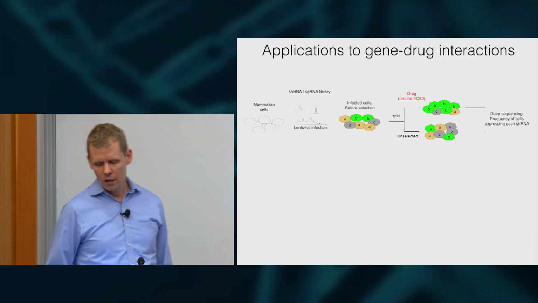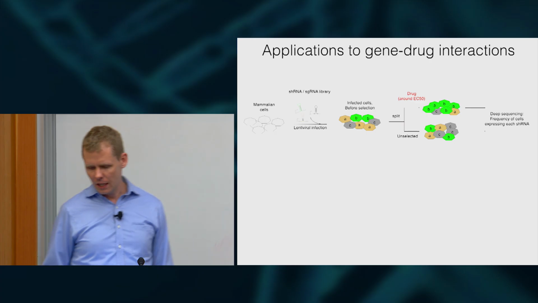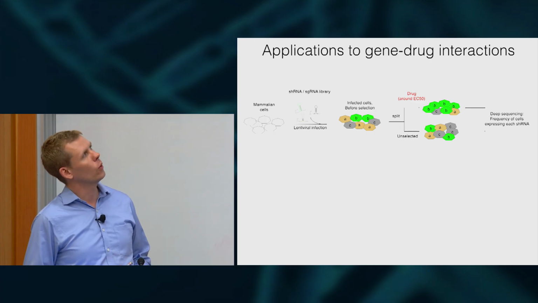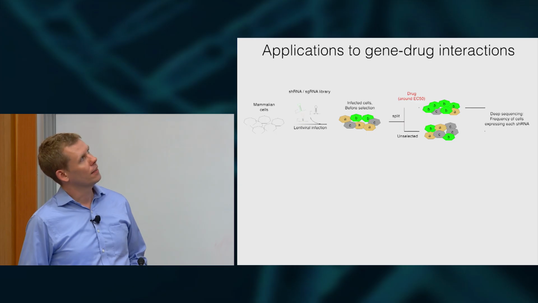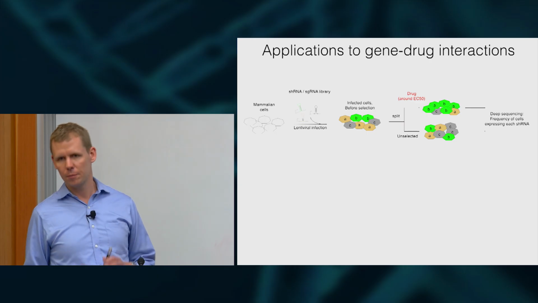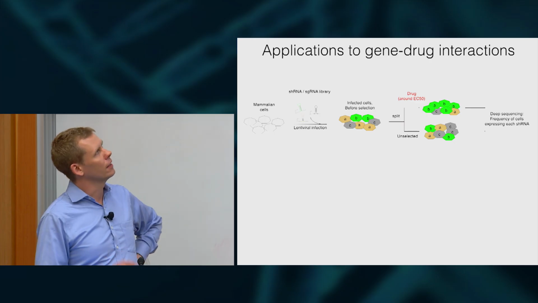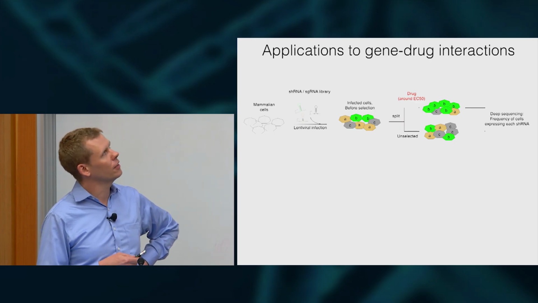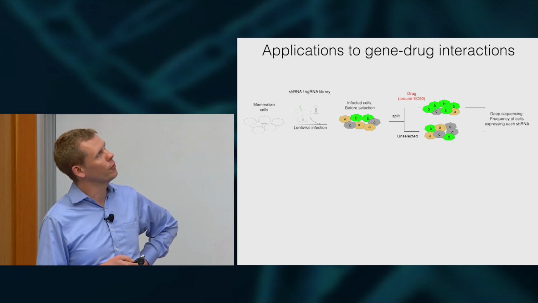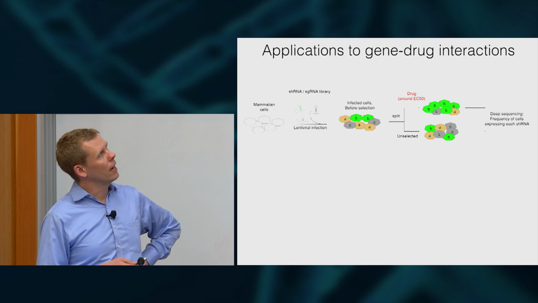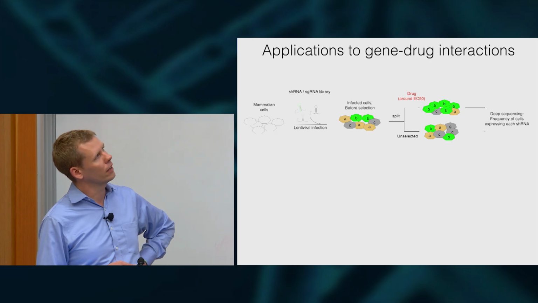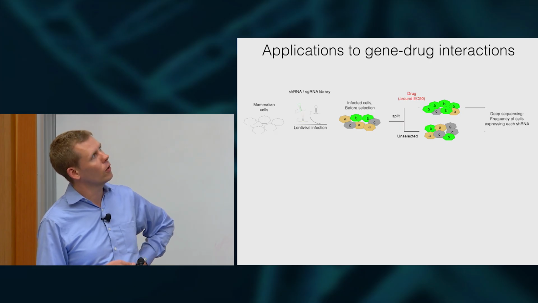So those are the things. In the remaining time today, I will cover one important type of application that has many possible outputs, but the basic strategy is always the same, and it's looking at gene-drug interactions in the following scheme that looks familiar from before. We create our libraries of cells in which each cell has a gene knocked down or overexpressed using shRNA or guide RNAs for CRISPR cutting or CRISPRi.